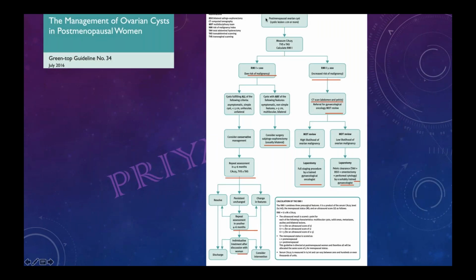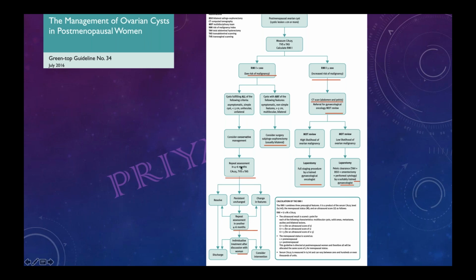If you see this part, they have diagnosed it here, so one scan was done here for the diagnosis. Then they followed her up. So these 2 scans have been done but the cyst is still there, so you will do a repeat scan.